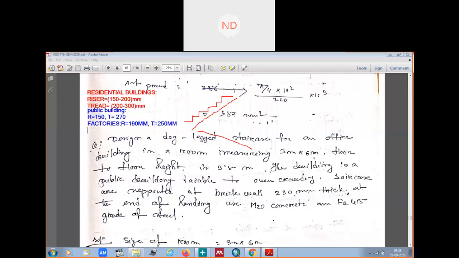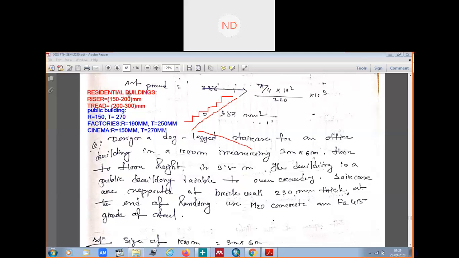And for public places like cinema halls or theaters, there you can take your riser to be 150 mm and your tread to be 270 mm.